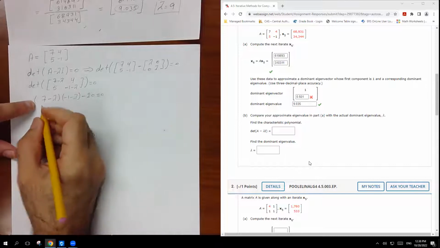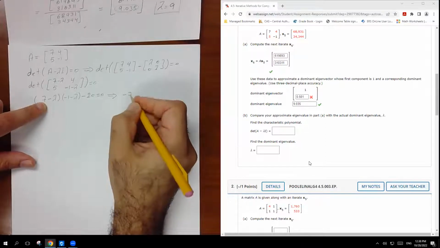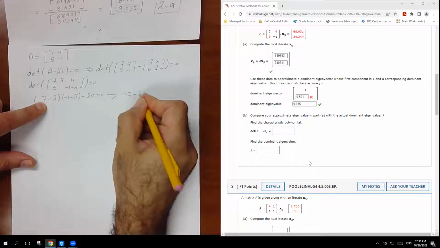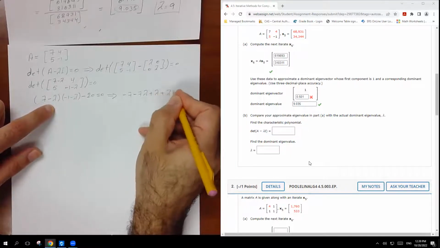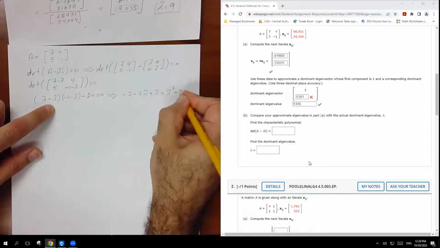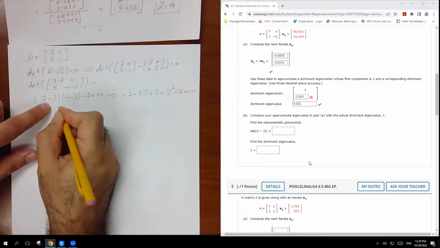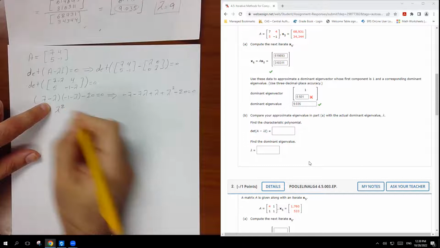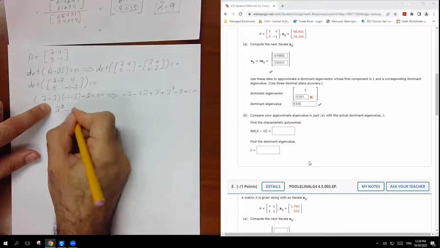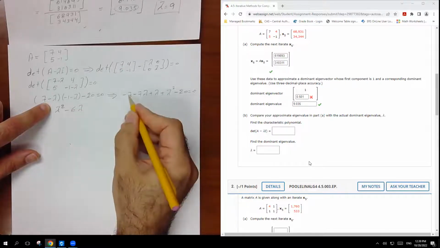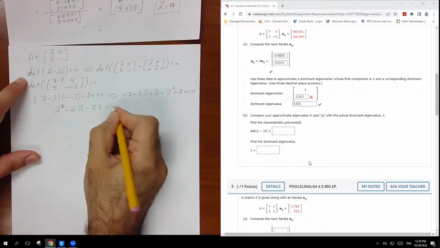Then distributing, it's going to be 7 times -1 is -7, minus 7 lambda, plus lambda, plus lambda squared, minus 20 equals 0. Combine, so it's going to be lambda squared, -7 lambda plus lambda is minus 6 lambda, and -7 minus 20 is -27, equals 0.